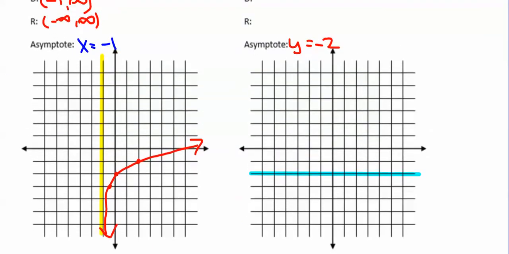All right, so my first point is at -1, -1.8. Next point is at 0, -1.5.